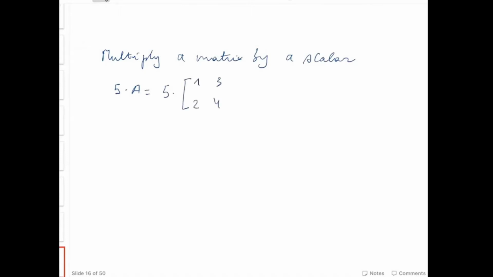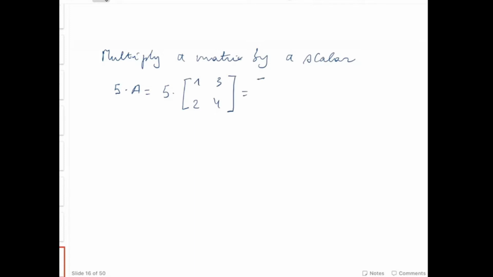So we can multiply a matrix by a scalar. Consider a matrix A. If we say now 5 times A, that is equal to 5 times our matrix, 1, 2, 3, 4.